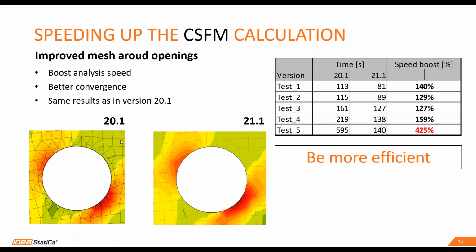In the current version, 21.1, the mesh around the opening has been simplified, in combination with triangle and quad elements. Verification was also performed on testing projects, and the speed was increased by 50% on average. But you are getting absolutely the same results as in version 20.1. So you are more efficient, and you are saving time during the calculation.